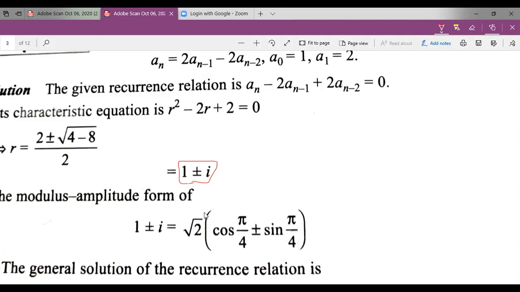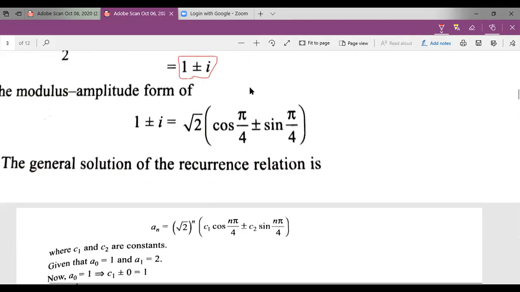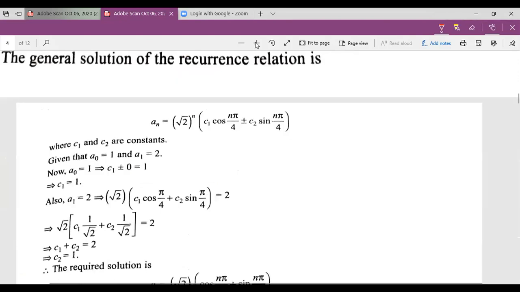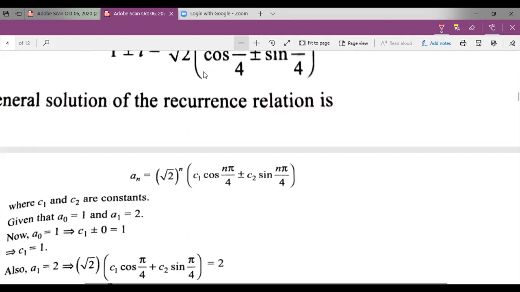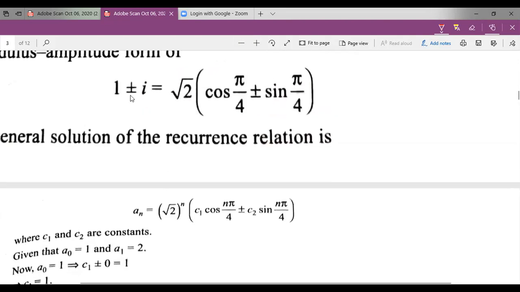So the general solution of the recurrence relation, here the r value is root 2. How do we get this root 2? Here the complex number is 1 plus or minus i, so x is equal to 1, y is equal to 1.